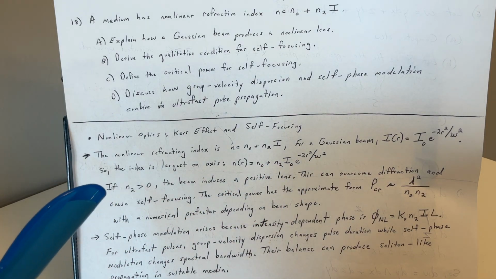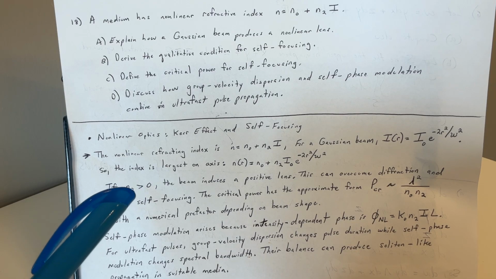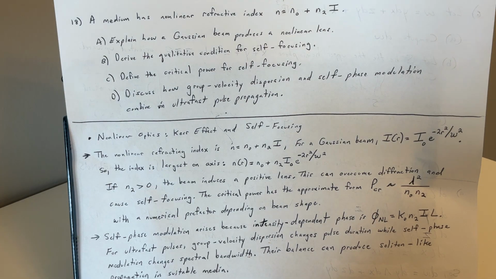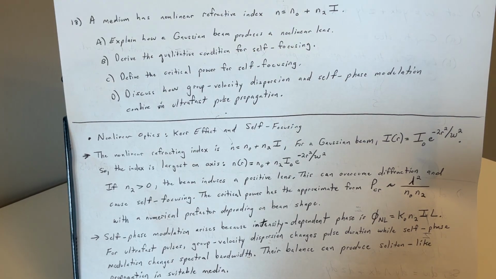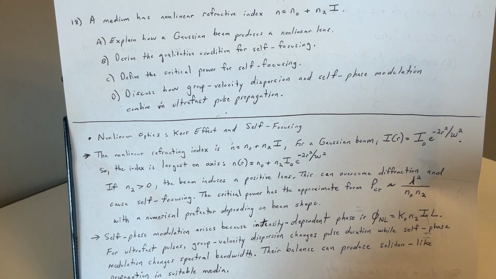If n sub 2 is greater than 0, the beam induces a positive lens. This can overcome diffraction and cause self-focusing. The critical power has the approximate form P sub cr approximately lambda squared over n naught n sub 2, with a numerical prefactor depending on beam shape.